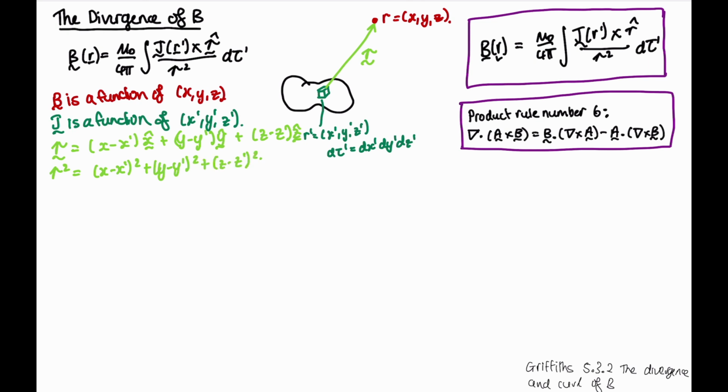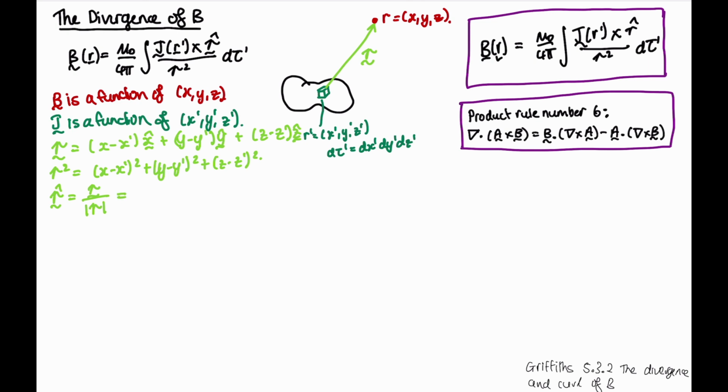And we're also going to need the unit vector in the r direction. So in order to get that, we are going to need to divide curly r by the absolute value of r. So we will have that r hat vector is equal to curly r divided by the absolute value of r, which is just the square root of r squared.